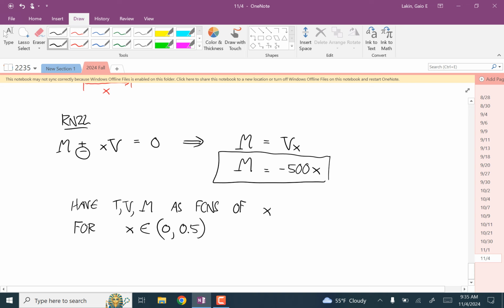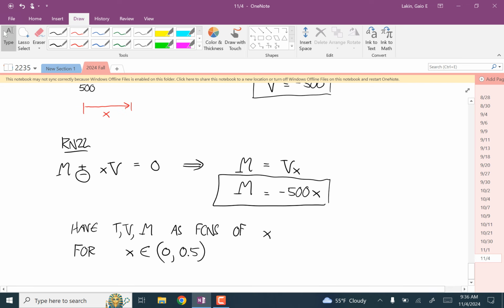Everyone seen that notation before? Everyone follow what I'm talking about there? So x can be 0.000001, or 0.0001, or it can be 0.4999999, or anywhere in between. What happens when it's exactly 0 or 0.5 is kind of a question.